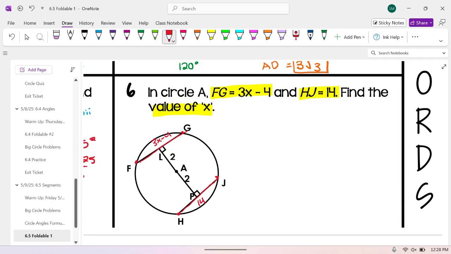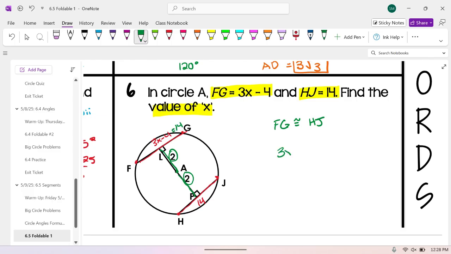Why can I set them equal to each other? Landon. Right. Do you see how these both have little 2's here? That means from the center to that chord, they're both about 2 units from that chord. So since they're equidistant, that means FG is congruent to HJ, which means that FG should equal 14.